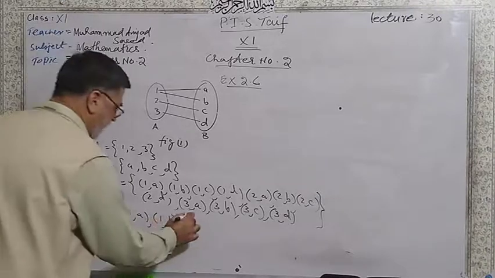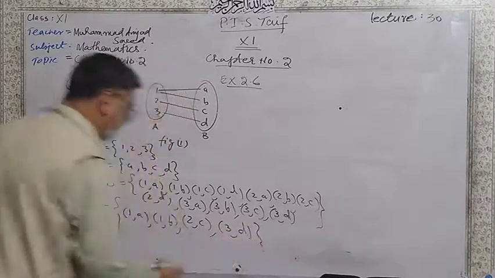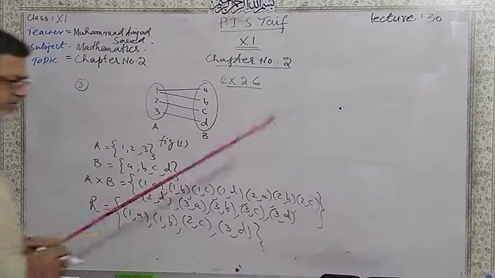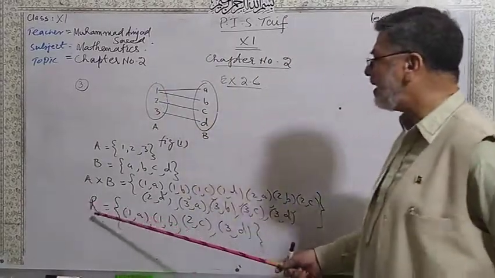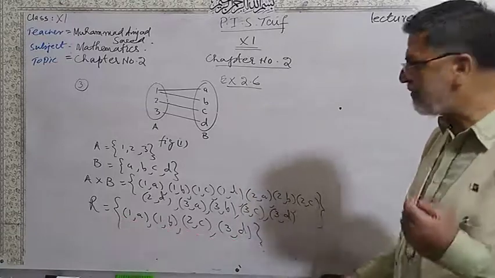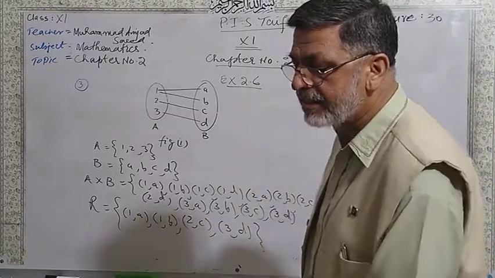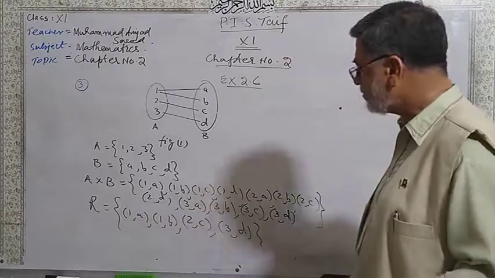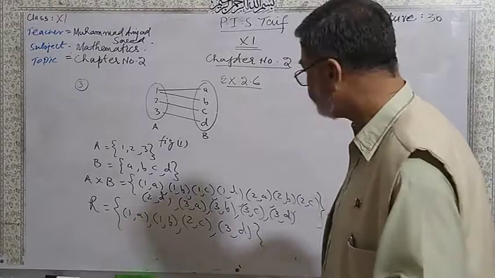Then 2C, then 3D. This is actually R. We want to check whether this R is a function or not. If it is a function, what type of function is it?